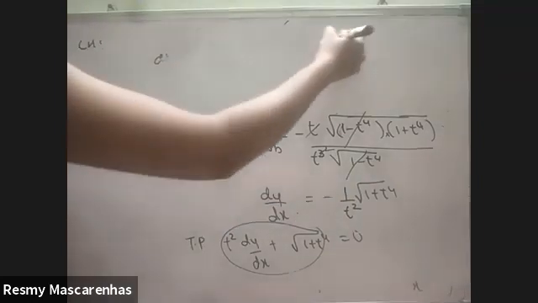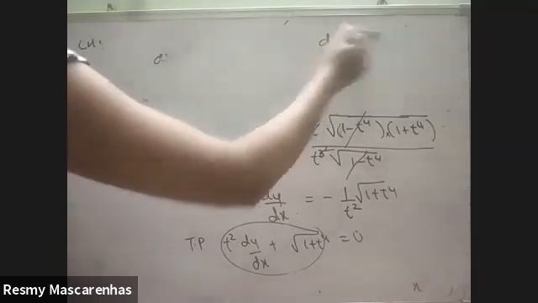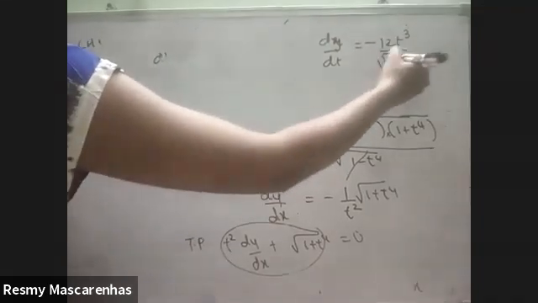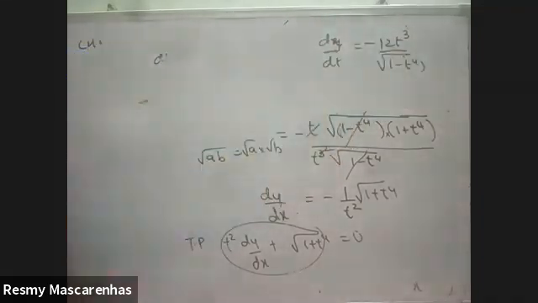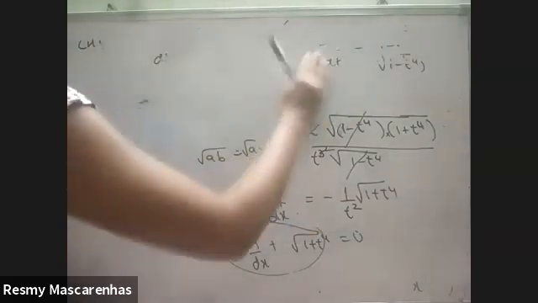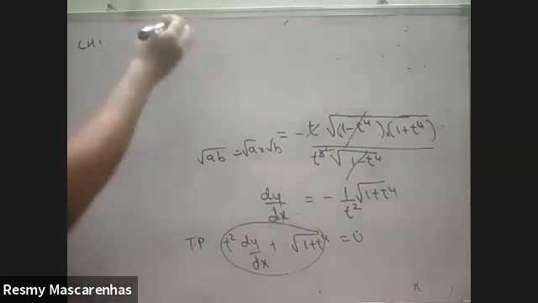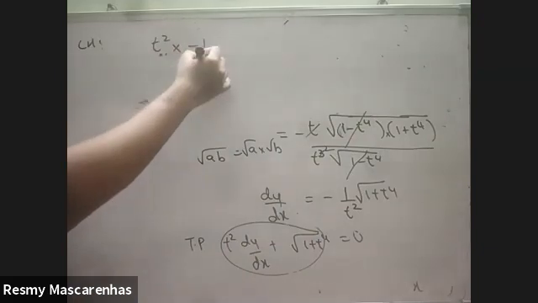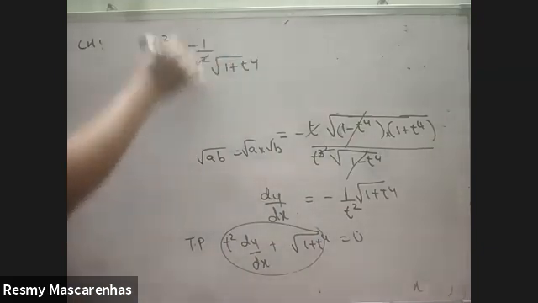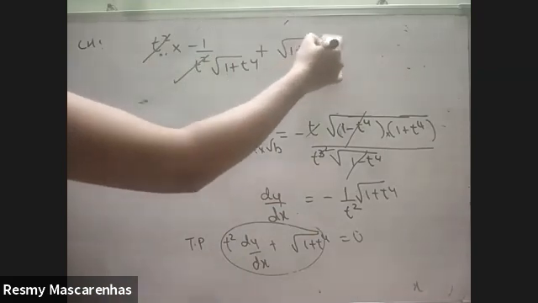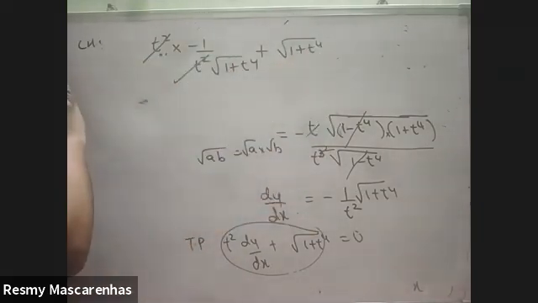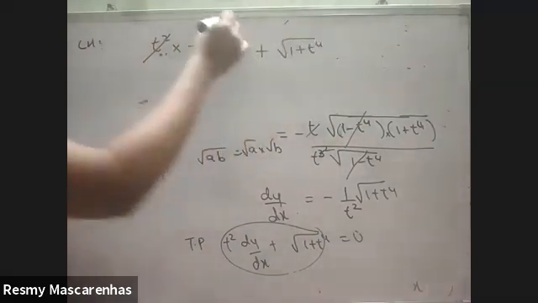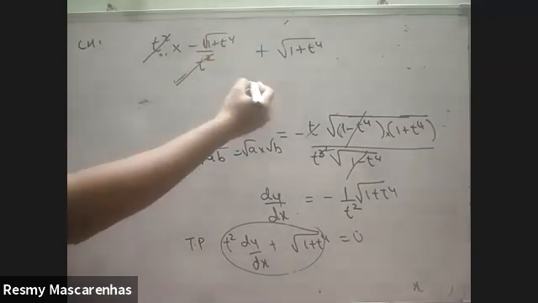Okay. Dx upon dt was nothing but this. Dy by dt, t cube it was. And then it will become t square. So question is correct. Okay, there's no t cube. When you substitute, automatically this will get cancelled. This will cancel and this will cancel and become 0.